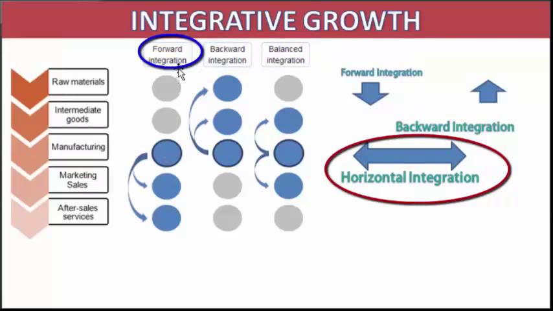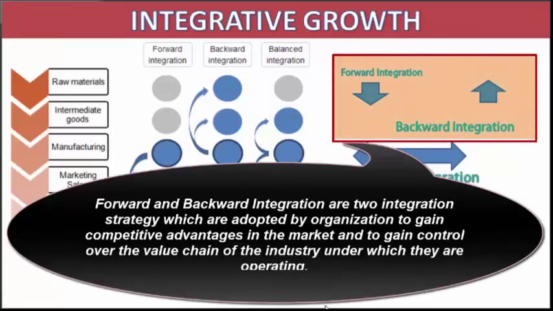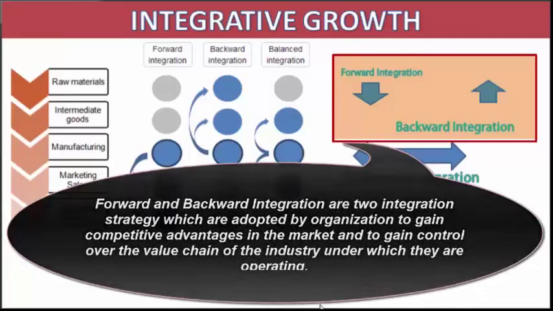That means a company may acquire another competitor, or a competitor which is posing a threat to the company itself. For example, if Studs acquires Steelbird, or Steelbird acquires Vega or something like that. So forward and backward integrations are two integration strategies adopted by organizations to gain competitive advantages in the market and to gain control over the value chain of the industry in which they are operating.